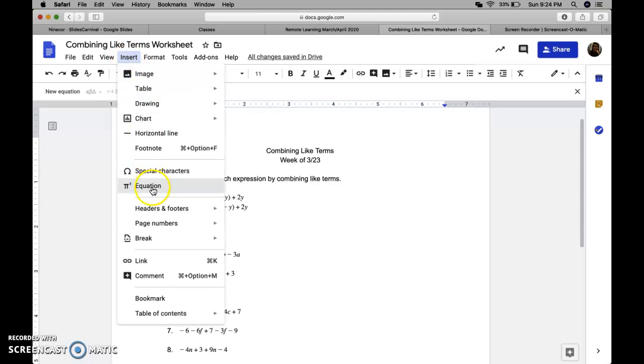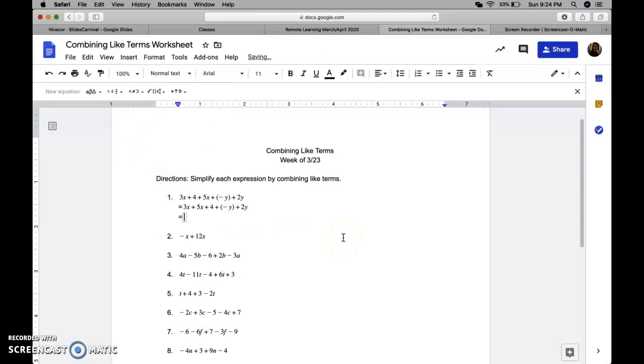I have to do insert equation first so that I'm writing math and not just a random font. 8x plus 4. The 4 didn't go anywhere. It doesn't have a like term that it can be combined with, but we can't ignore it. It's there, so we just write it.